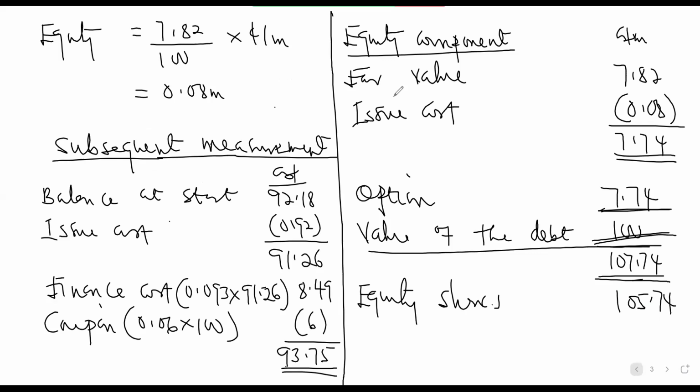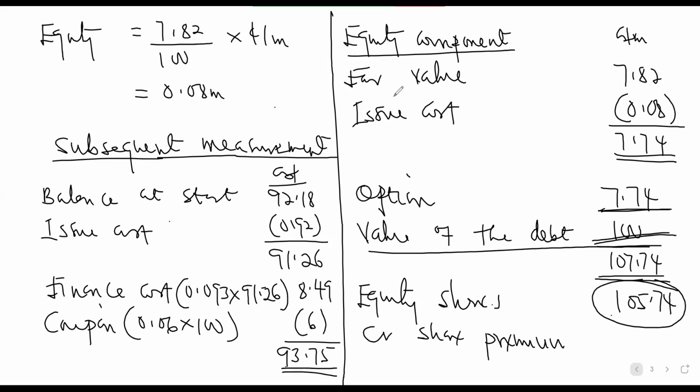But we are now giving them 105.74 for 107. Whenever the value of the shares you are issuing is lower than the amount you are receiving, the shares are being issued at a premium. So this is the value that will go to equity shares, but the difference over there, which is 2, will be credited to the share premium account.